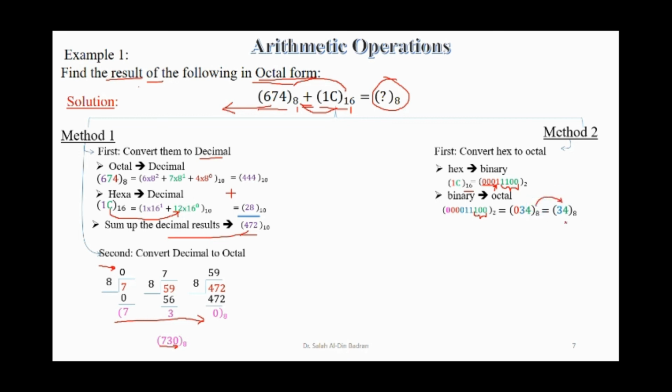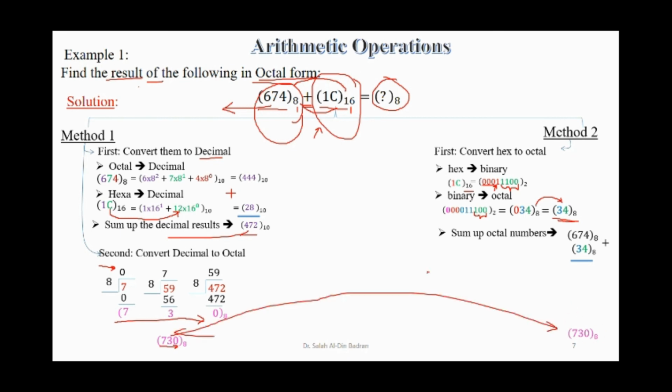This is our final result in octal. Now we can sum up this number in octal, which corresponds to this one, with this number, because both of them are octal numbers. We will do that. 730 is the result. The result is the same.